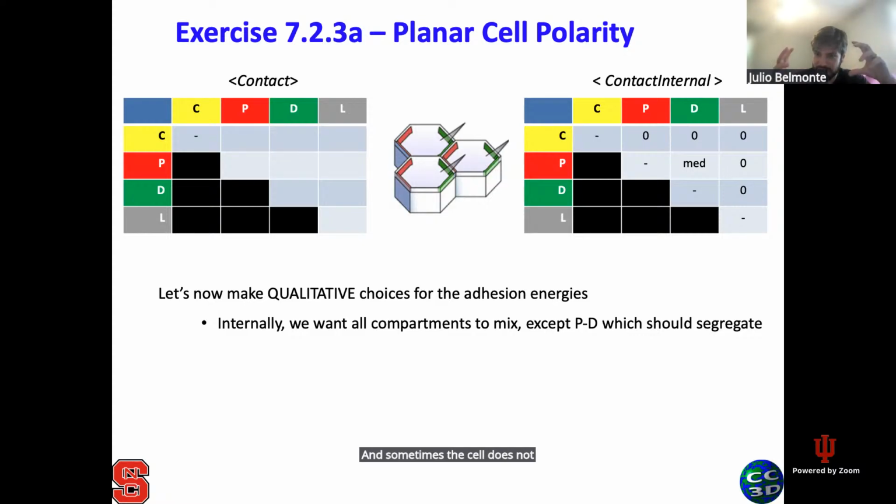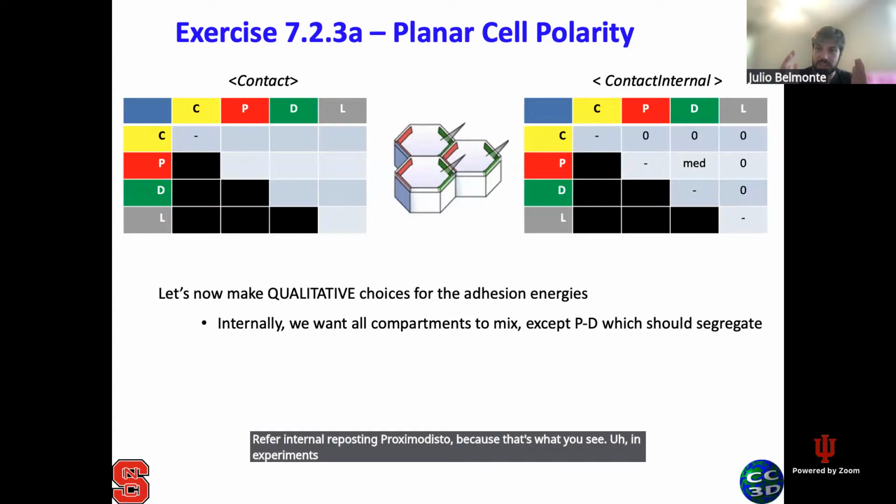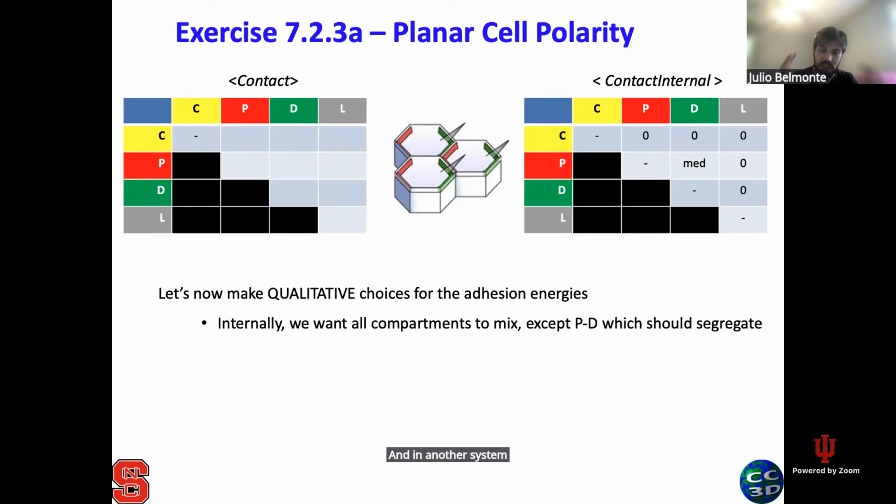So it's different between mice and fruit flies. So in one of them, you want to model with an internal repulsion between proximal distal, because that's what you see in experiments. When you isolate the cells, they do segregate. And in other systems, when you do isolate the cells, you don't see the segregation.